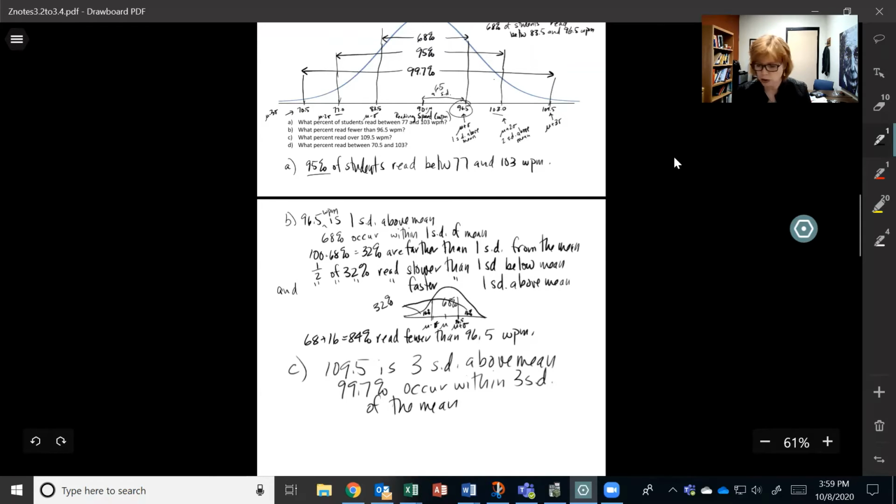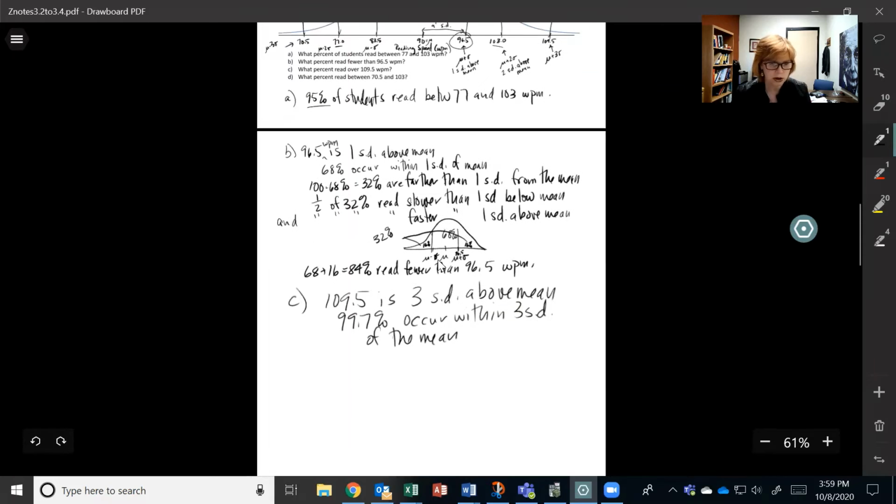All right. So the rest of the scores are going to be outside that. Reading 100 minus 99.7% of reading speeds, they're going to be over 3 standard deviations away from the mean.